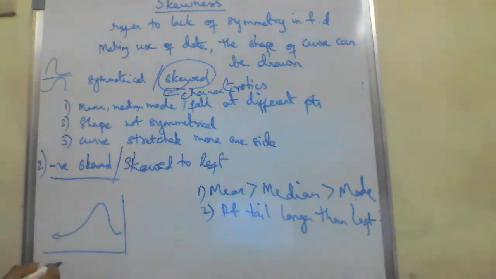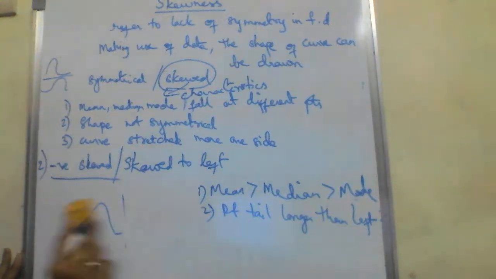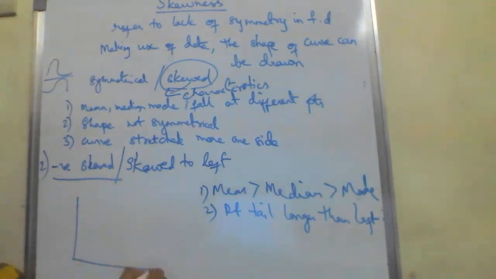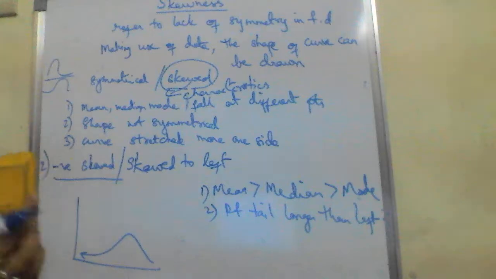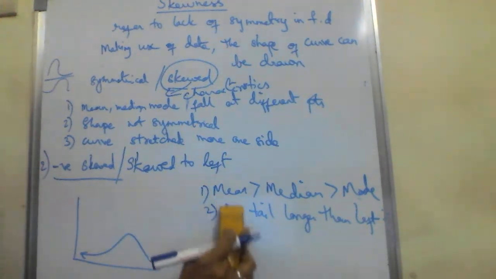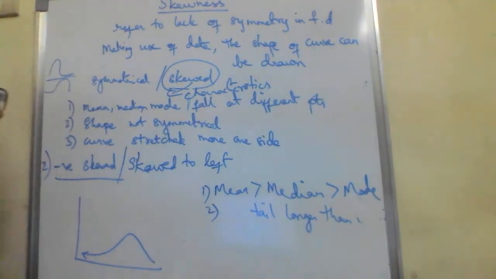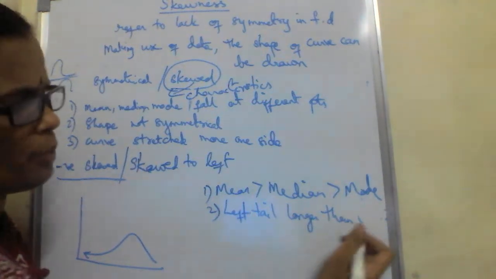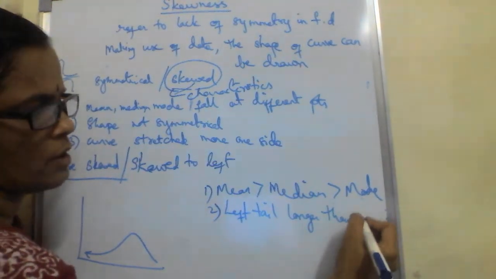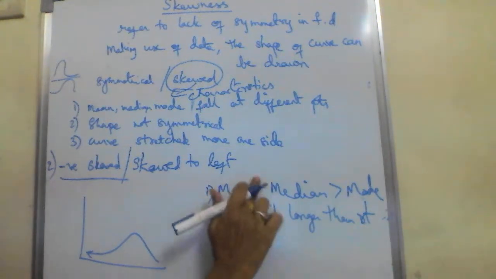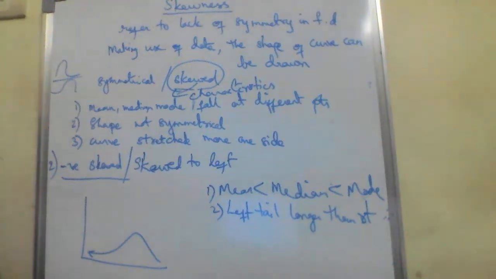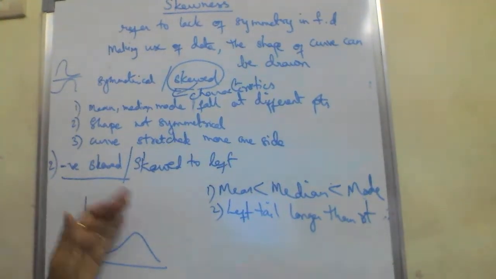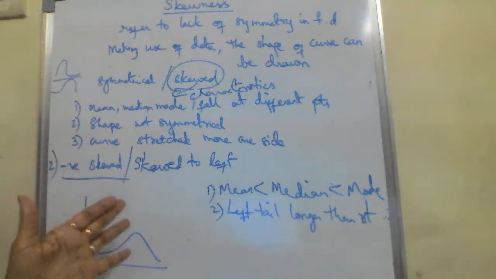If you see the tail, I can say the left tail is longer than right. The opposite of positive will be negatively skewed. And here mean will be less than median will be less than mode. So these are some of the characteristics of negatively skewed and positively skewed curves.